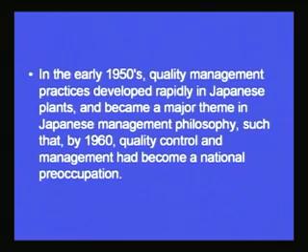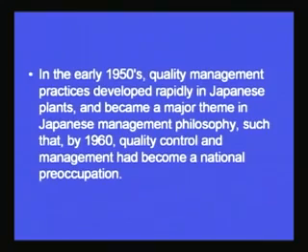In the early 1950s, quality management practices developed rapidly in Japanese plants. So the Japanese have been called the front runners in the field of quality, and it became a major theme in Japanese management philosophy, such that by 1960 quality control and management had become a national preoccupation.